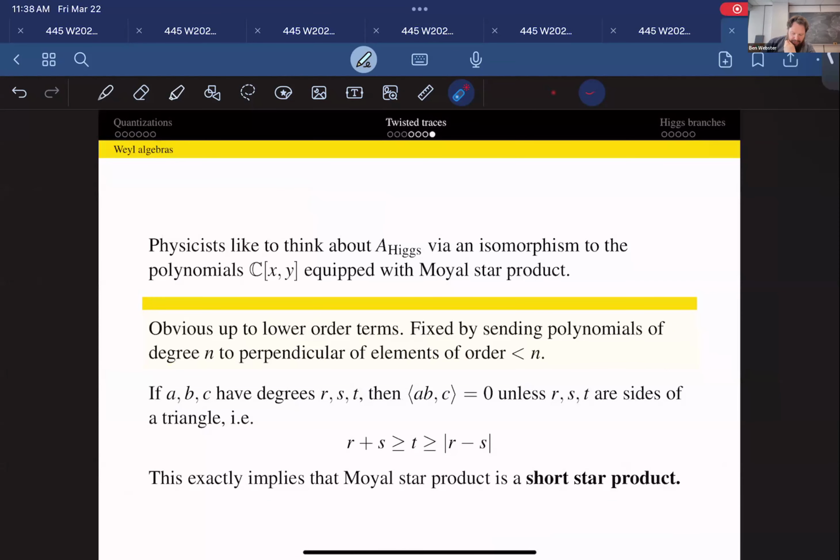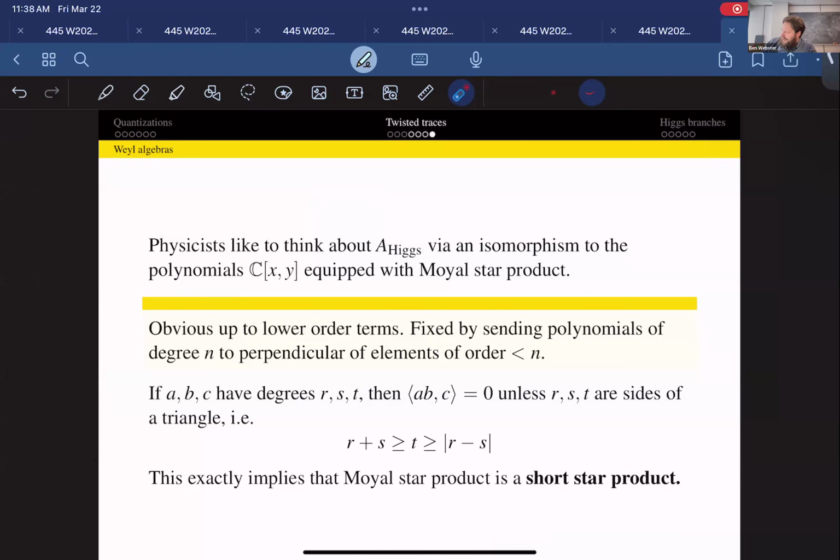So one of the mathematical inspirations for thinking about this stuff was actually getting at these inner products. Because if you're a physicist, you might have said, oh, why are you writing this crazy A Higgs thing? You just mean polynomials in two variables with Moyal star product.